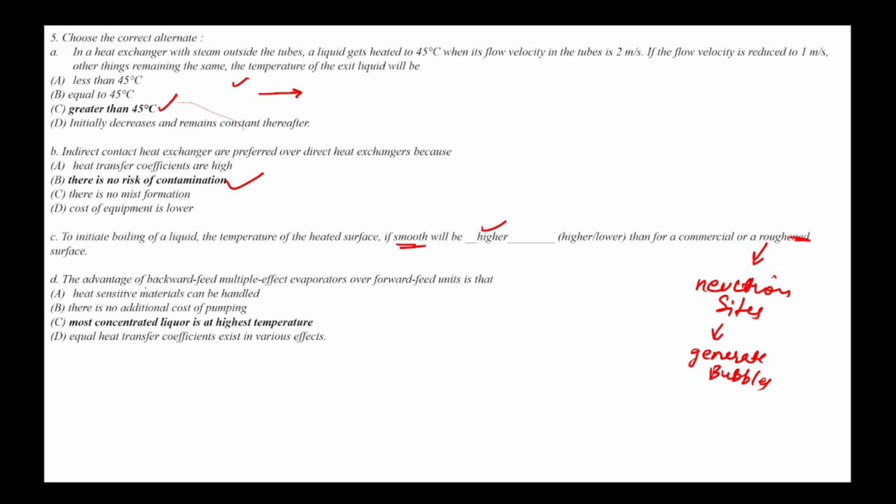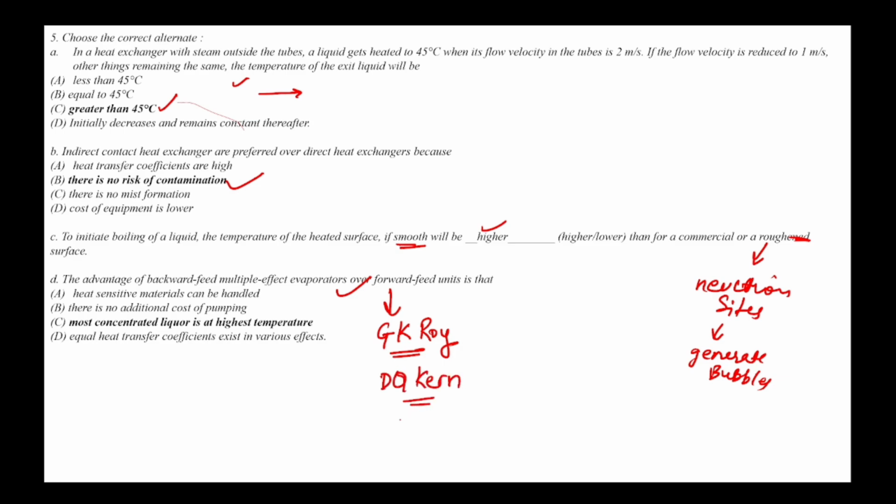The advantage of backward feed multiple effect evaporator over forward feed is a straightforward question. If you want to study multi-effect evaporators very deeply, then go for GK Roy for heat transfer, or DQ Kern for heat transfer.